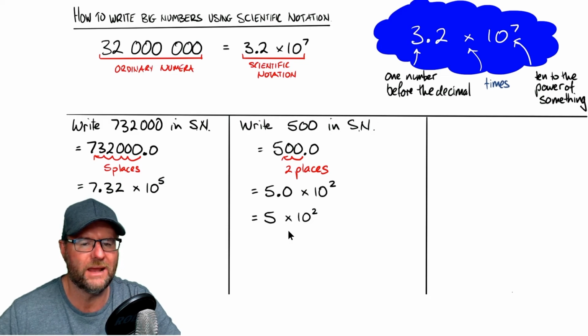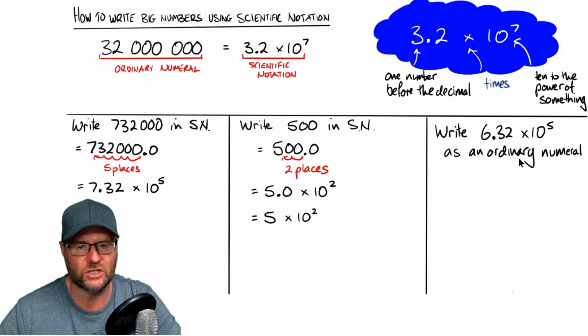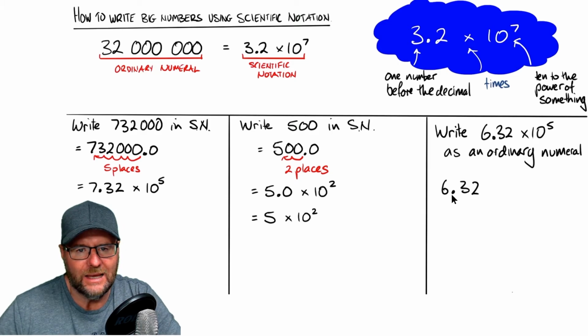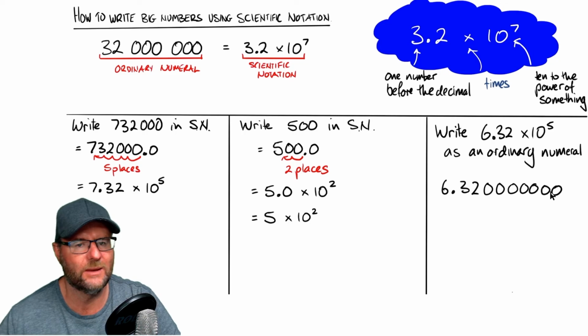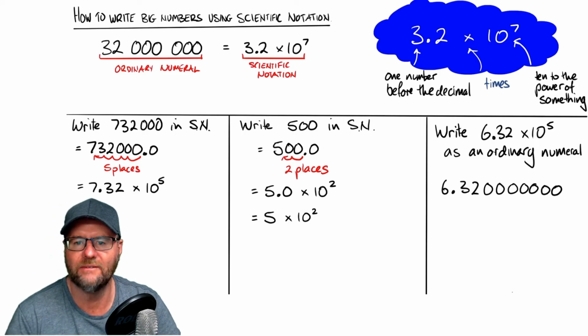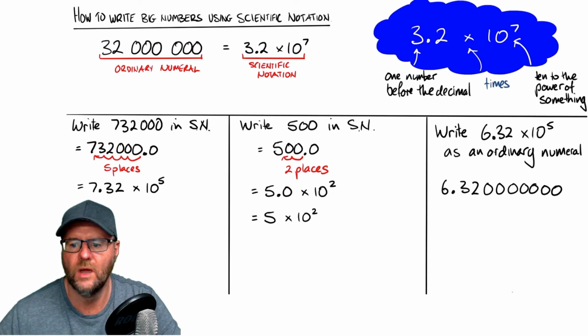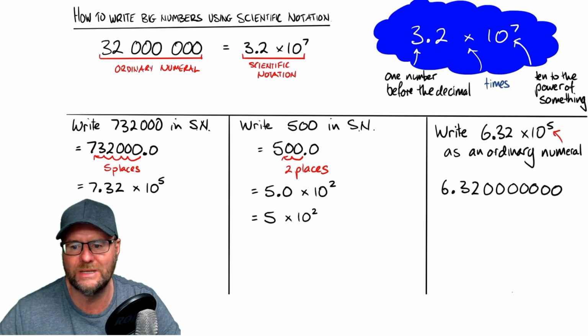Last example, what about if I undo it? What about if you were given a number in scientific notation and you're asked to write it as an ordinary numeral? We're going to write out the decimal part, the 6.32, and we're going to add some zeros at the end. Now we can add as many as we want after the last number if it's after the decimal. So 6.32, I could add a whole heap of what we call trailing zeros. My index here is 5, like it's 10 to the power of 5. That means it was moved 5 places to get it there.